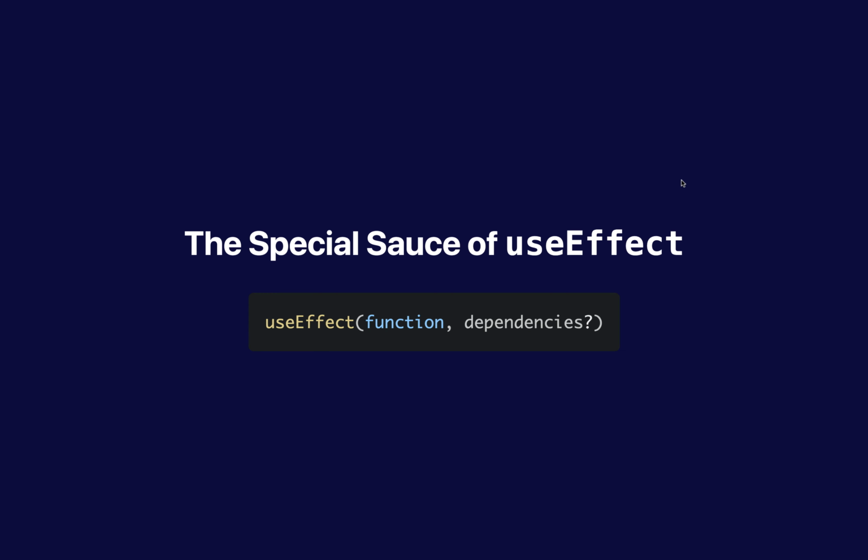And the special sauce of useEffect is in its declaration. It takes two arguments. The first is required, the second is optional. So the first is just a function to run. And for the most part, you would declare that as an anonymous function rather than writing it separately and saying, hey, use this function. The dependencies is, as mentioned, optional.